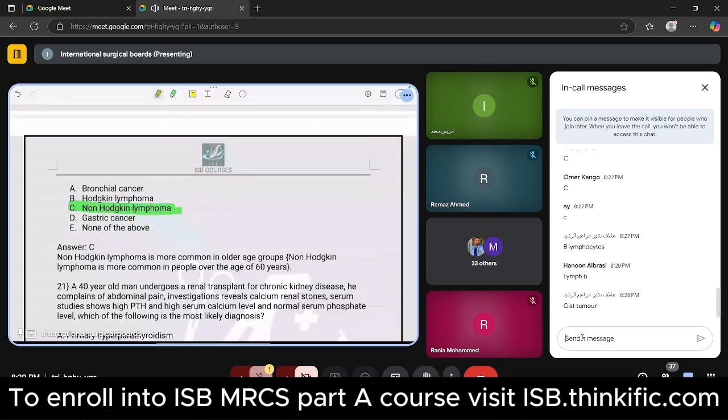For example, CD10, CD20, these are B cell markers, right? Would you see a B cell marker on the surface or no? Yes, nice. You will see B cell markers because non-Hodgkin lymphomas are B cell lymphomas.